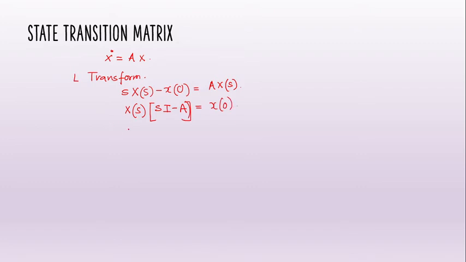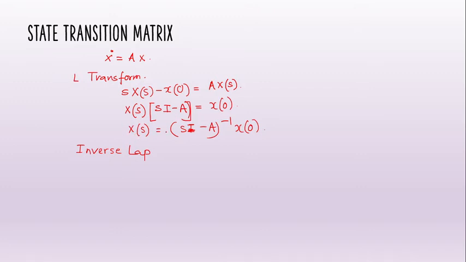So X(s) will be (sI minus A) inverse into x0. So this is the X(s). Now what we have to do, we have to take inverse Laplace. If we take inverse Laplace transform, we will be able to get x(t).